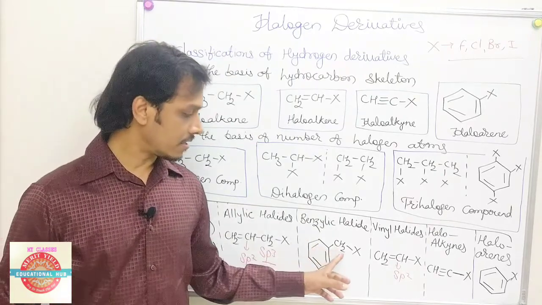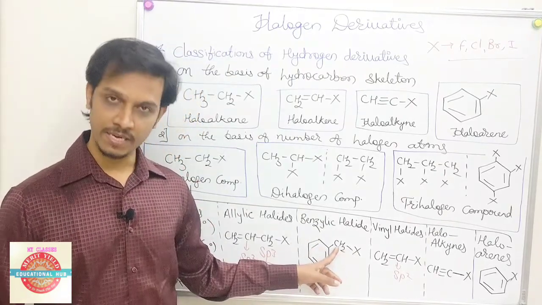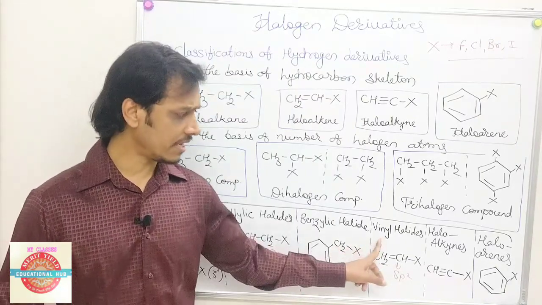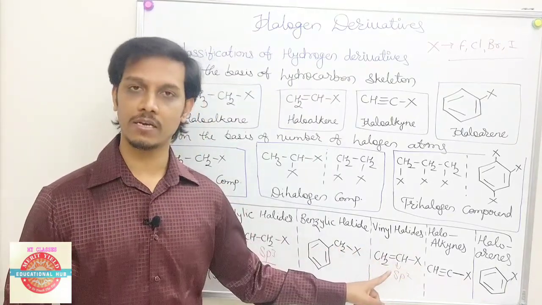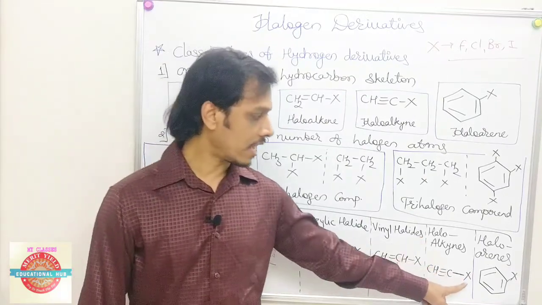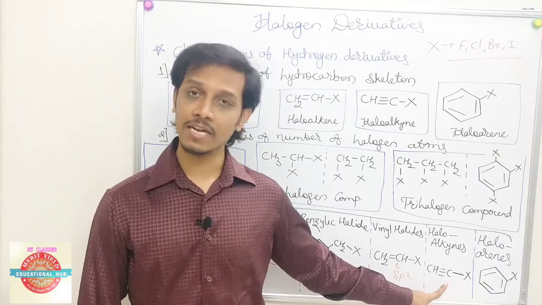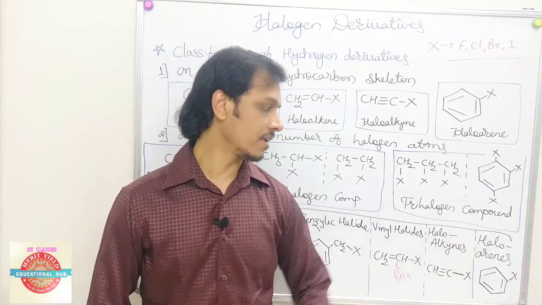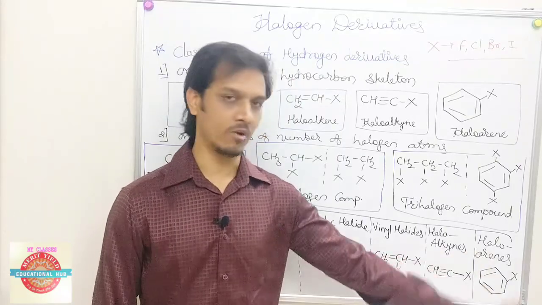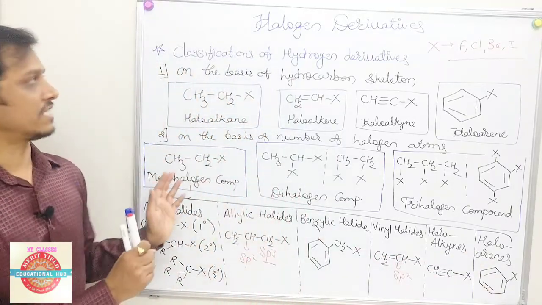Benzylic, halogen is bonded to a sp3 hybridized carbon which is bonded to a benzene system. Vinylic, halogen is bonded directly to a sp2 hybridized carbon, that is double bonded system. Haloalkynes, halogen is bonded to a carbon which is directly a triple bonded carbon. And finally, halogen is bonded to an aromatic system called as haloarenes. So this is the classification.